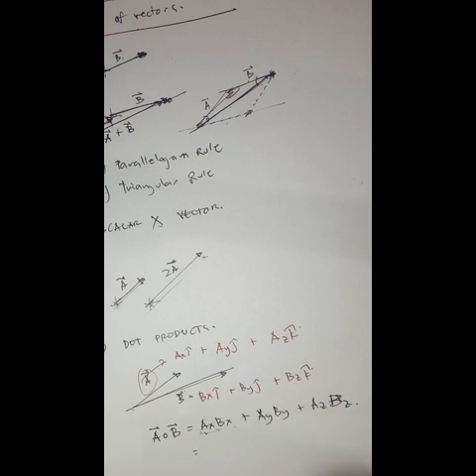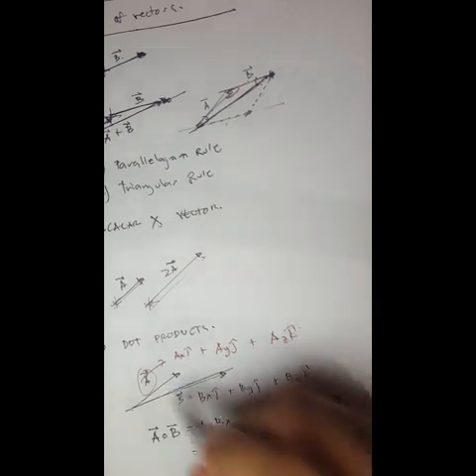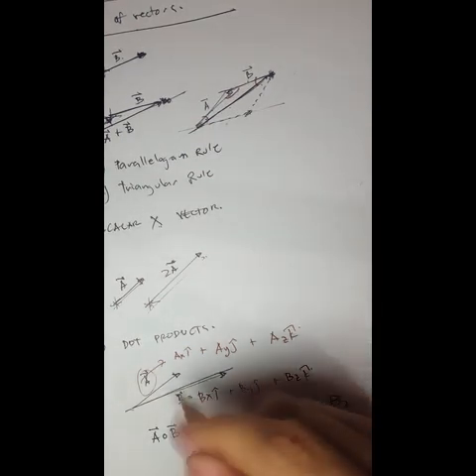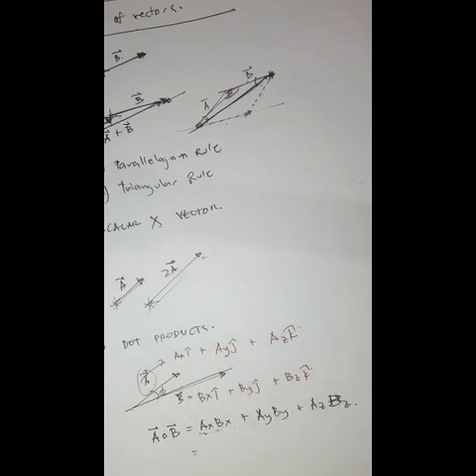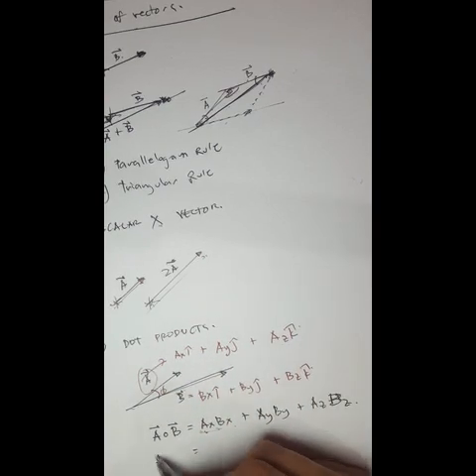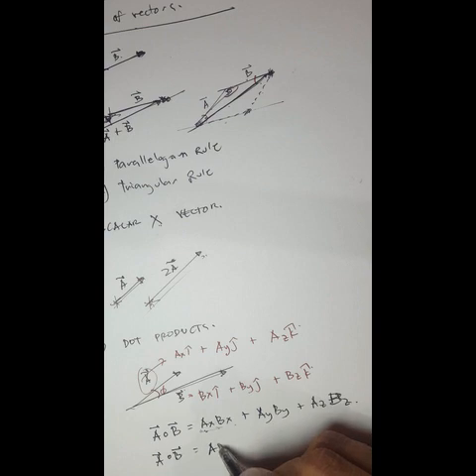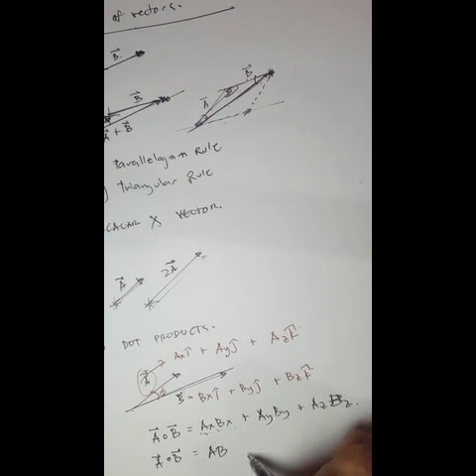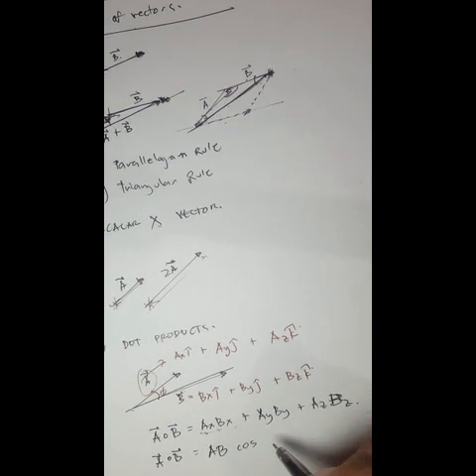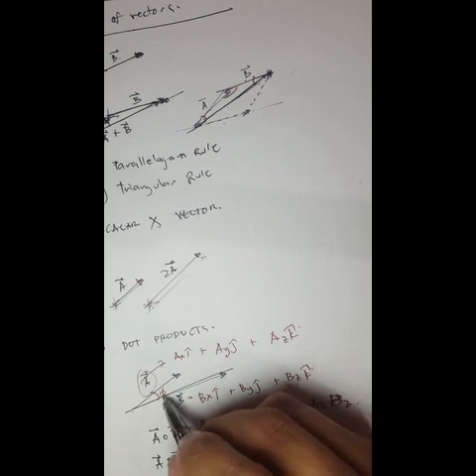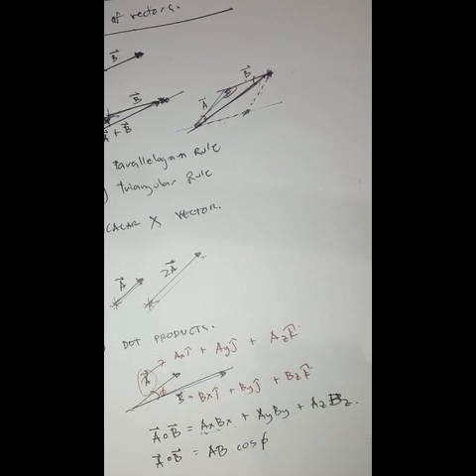Next, we can also use this dot product to solve for the angle between two vectors. For example, this is the angle we want to find. A dot B is just the product of the magnitudes of A and B times the cosine of the angle theta. How do we solve for the A and B values?